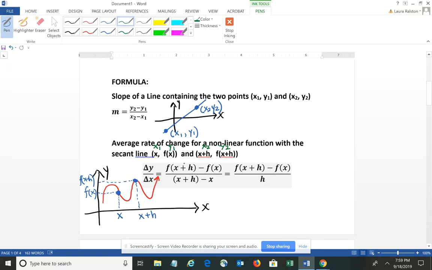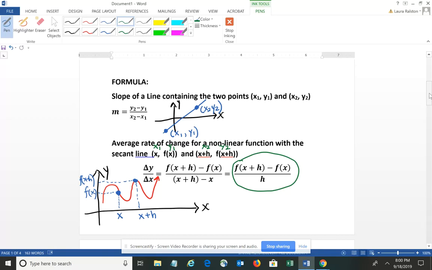We have subtracted the y's and we subtract the x's, which simplifies to this formula right here, which is called the difference quotient. But it really represents the average rate of change, or, quote, the slope of the nonlinear function.